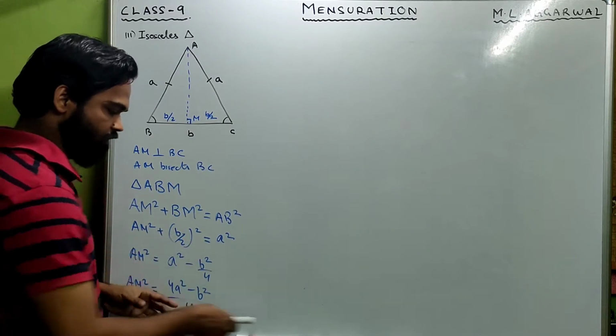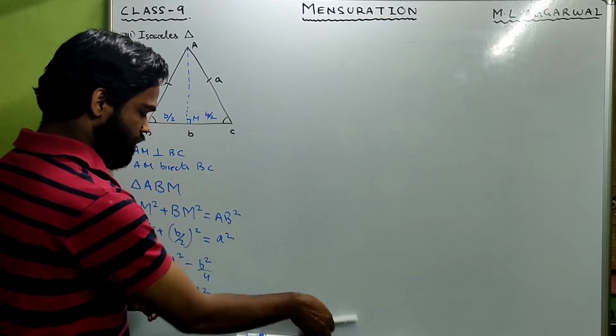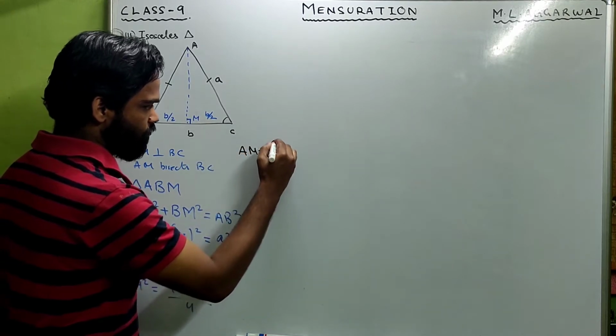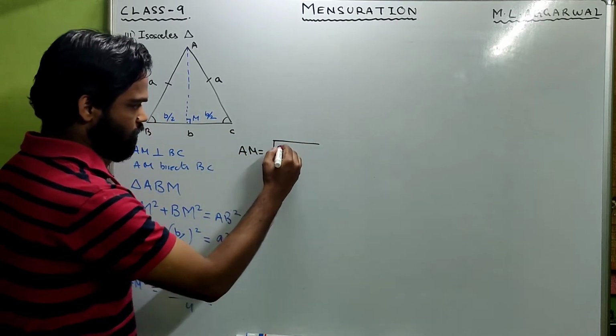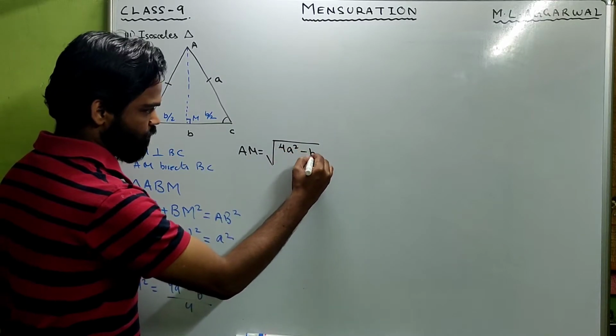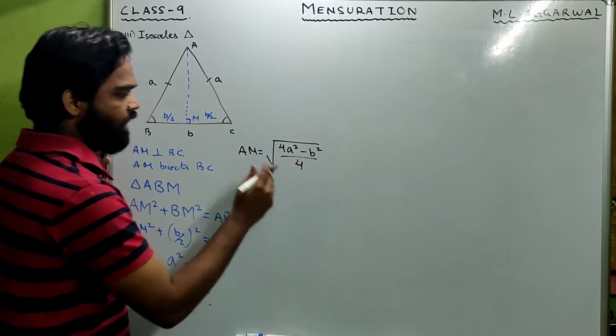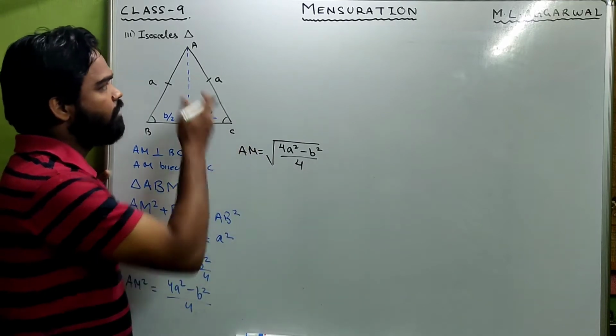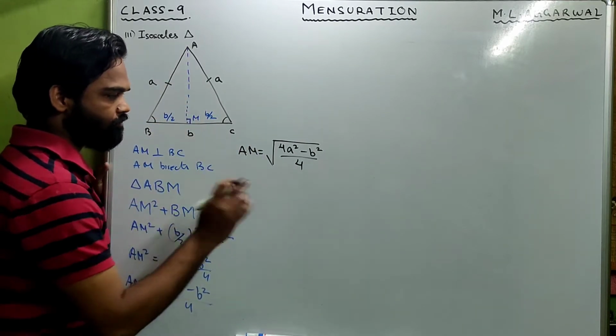Which means AM will be plus minus root of this. I'm neglecting the minus because this length cannot be negative.